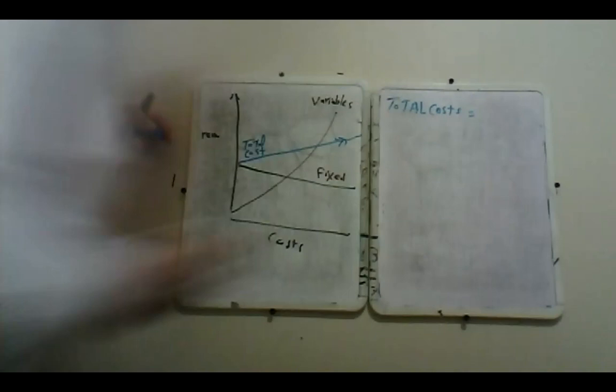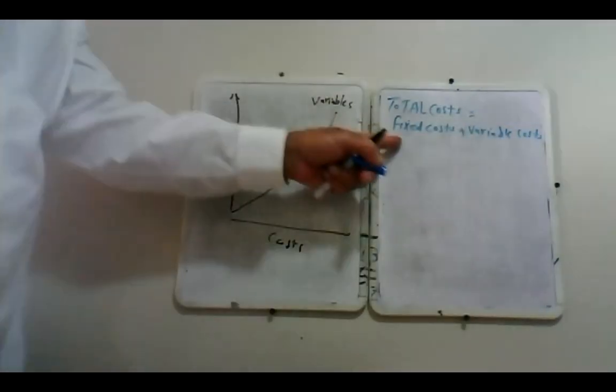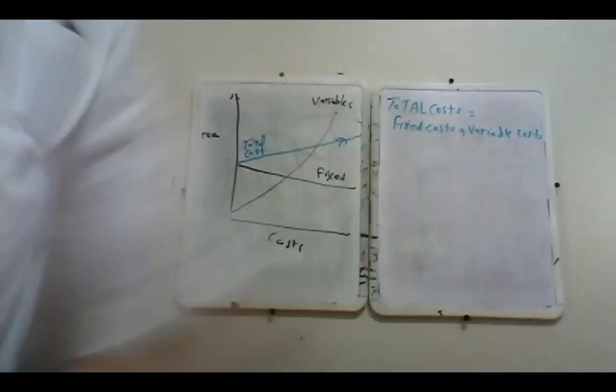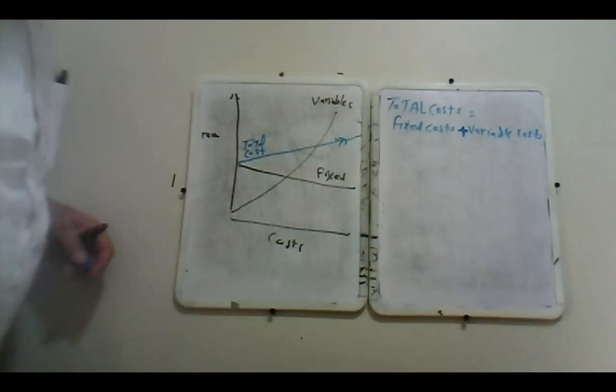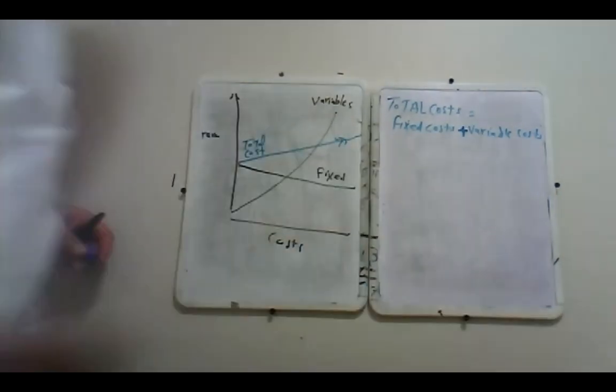So total costs equal fixed costs plus variable costs, both of them together.